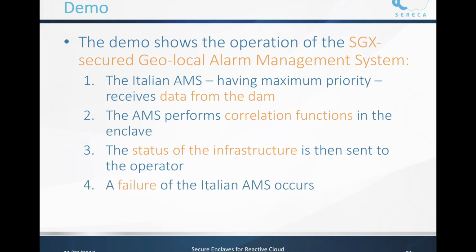And then we assume that a failure of the Italian AMS occurs. You will see that when the failure of the Italian AMS occurs, the AMS located in England will become the active one, and so will replace the failed microservice and will keep providing the status of the infrastructure to the final operator.